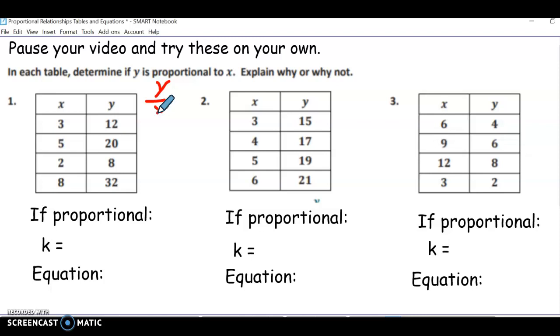If they are, I want you to tell me what k is, the constant of proportionality, and then write the equation for the table. So you take a few minutes, pause your video, and come up with your answers for those in your notebook, and then come back and see how you did.